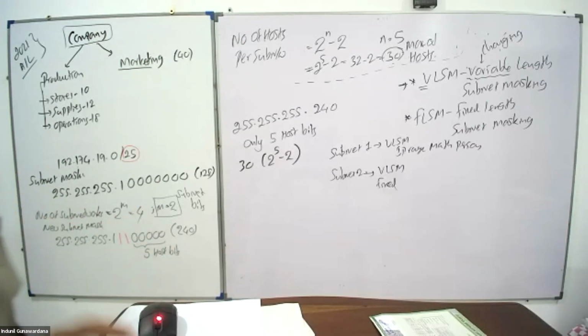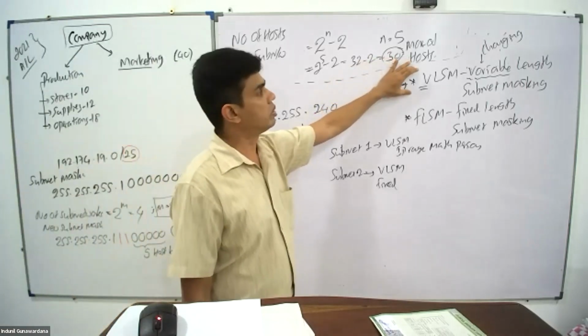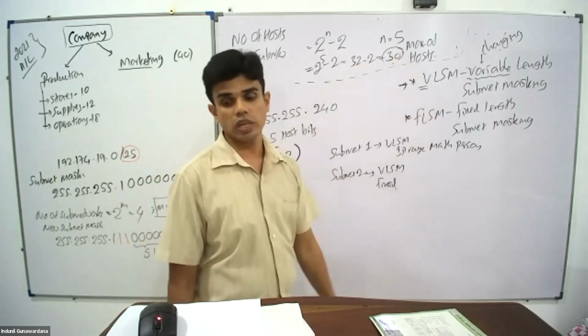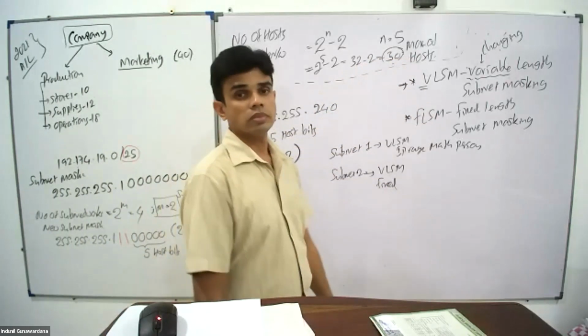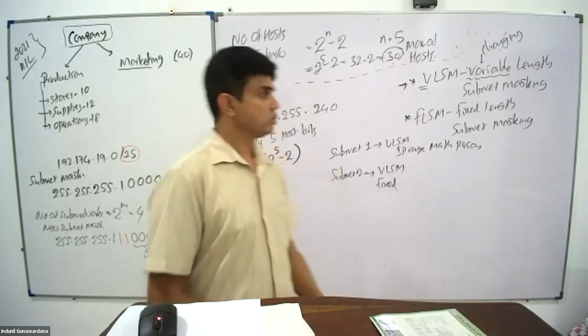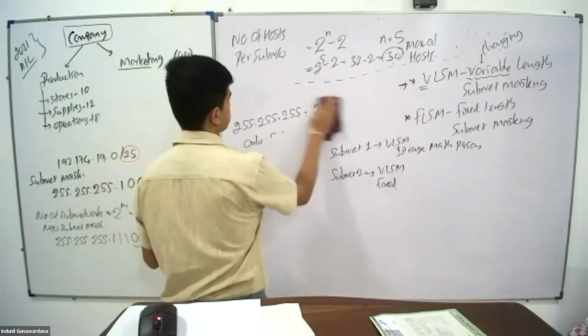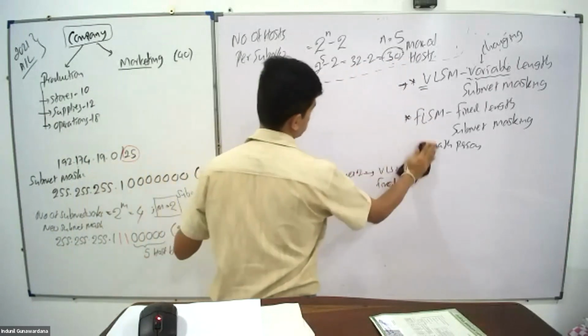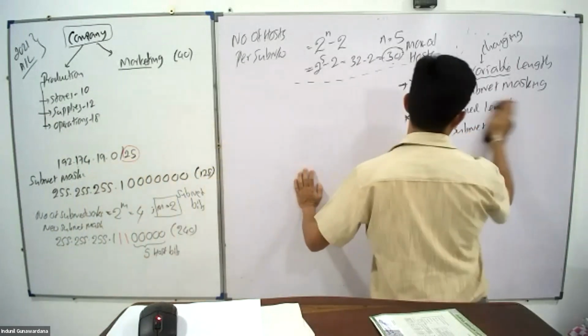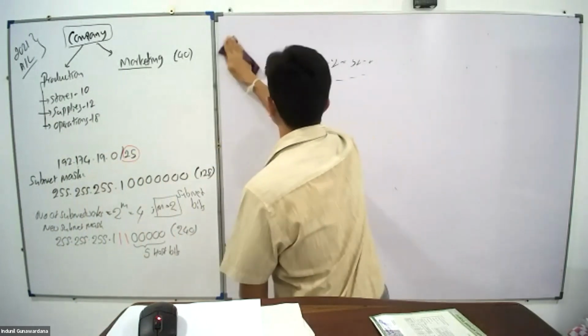So that VLSM, variable length subnet masking, has to be used. Right.